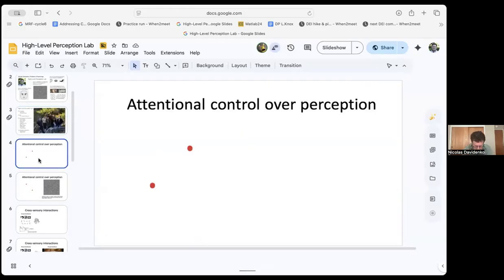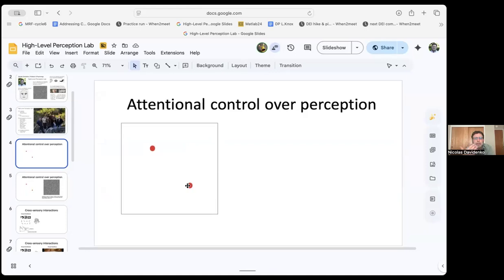I already did this demo with the motion perception, but I wanted to put it a little bit more in context. So what you're seeing here is called an apparent motion quartet. This was discovered in the 80s as an easy way to produce an ambiguous percept.